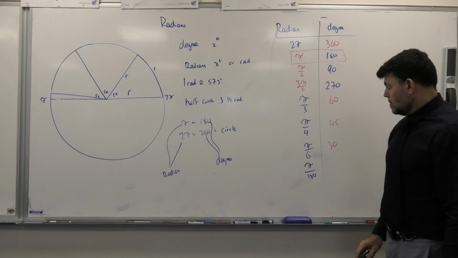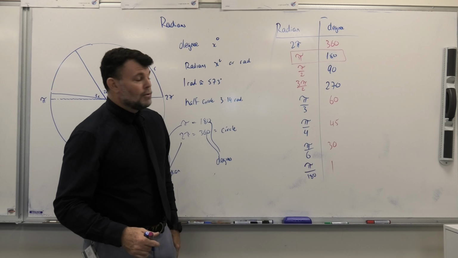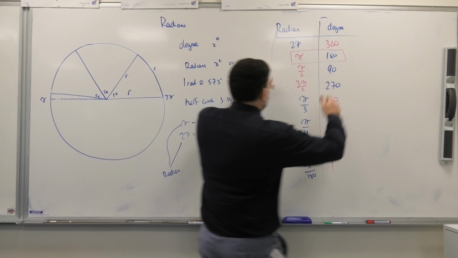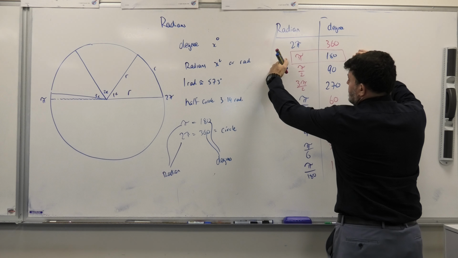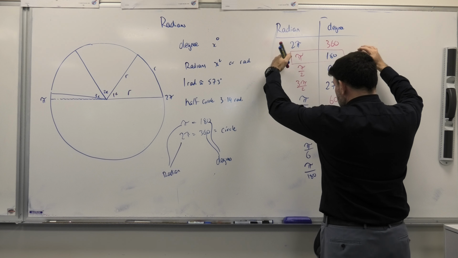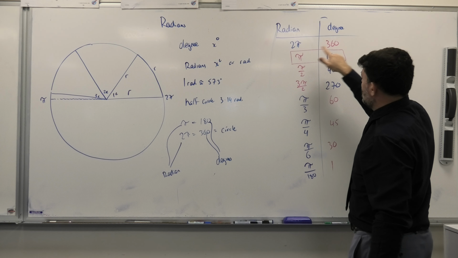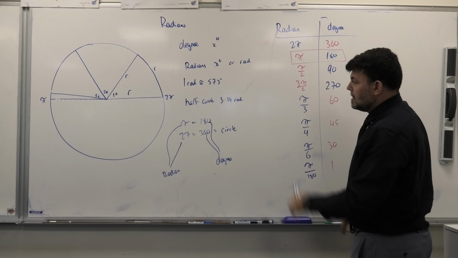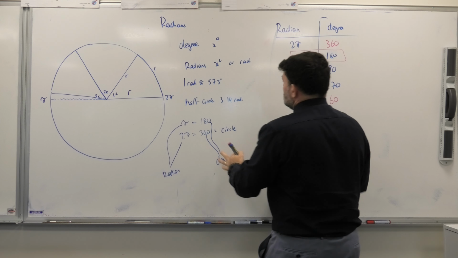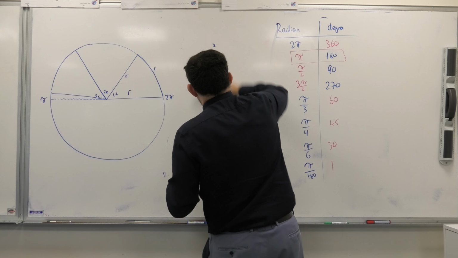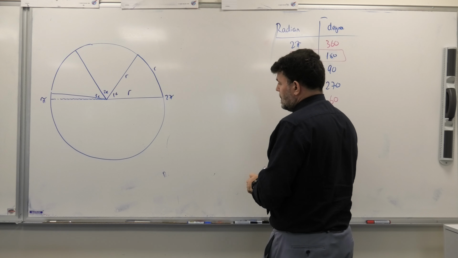If I had 1 radian, well, 1 radian is going to give me 57.3 degrees from what we worked on here. So we've seen that we've got a platform that we can use to help us go between degrees and radians. So if we look at this in instance over here, let's have a look at this conversion. And we have a table.